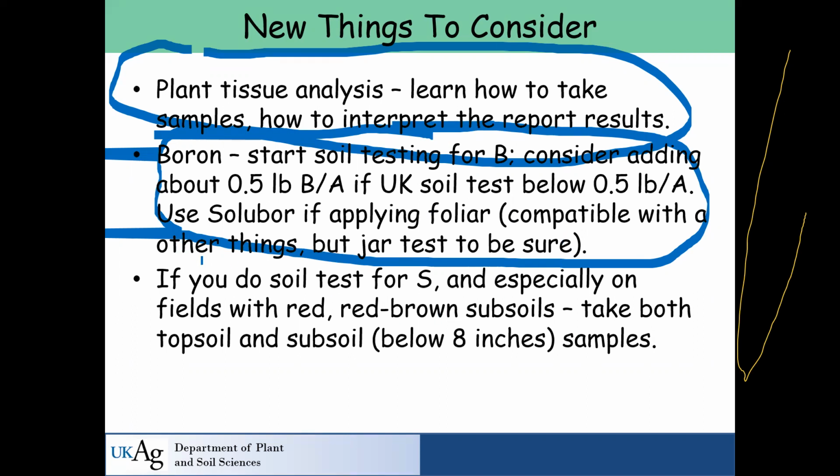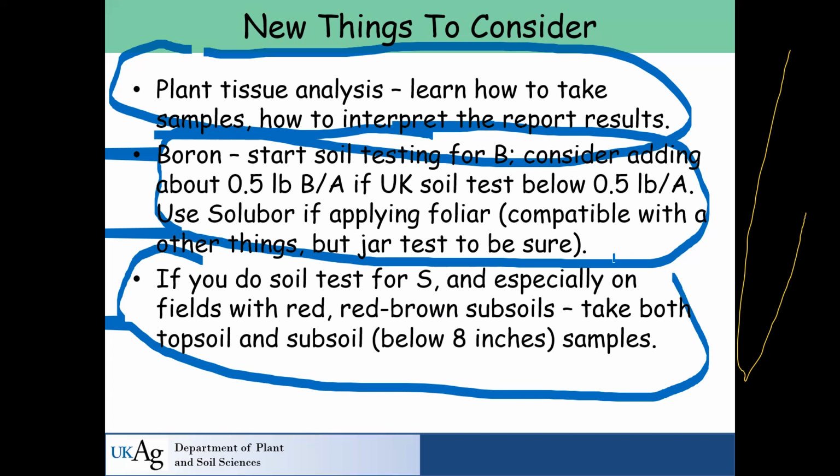When it comes to sulfur, if you are going to soil test for sulfur, and especially on soils that have red or red-brown subsoils, take both a topsoil and a subsoil sample below 8 inches. We've discovered that these red-brown subsoils can actually hold a fair bit of sulfate. We had a series of wheat trials that were split between Princeton and Lexington.